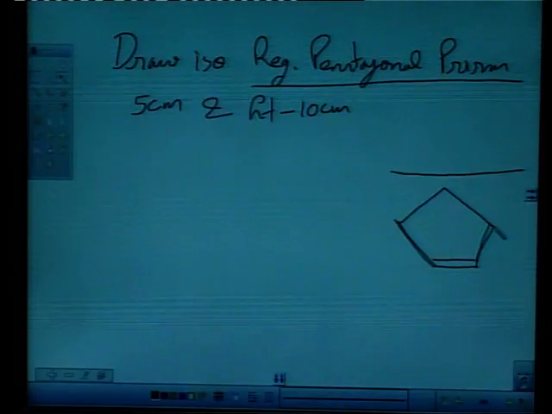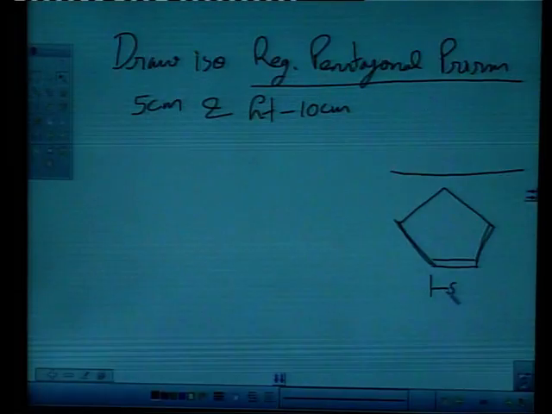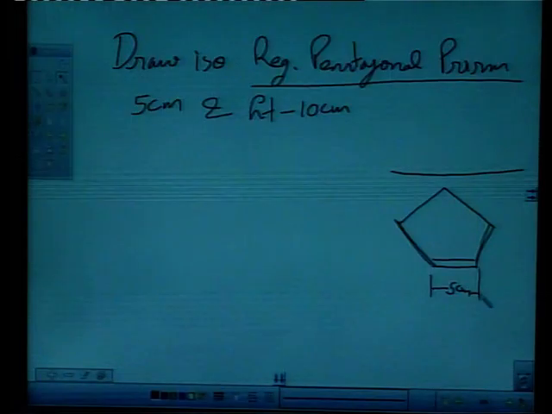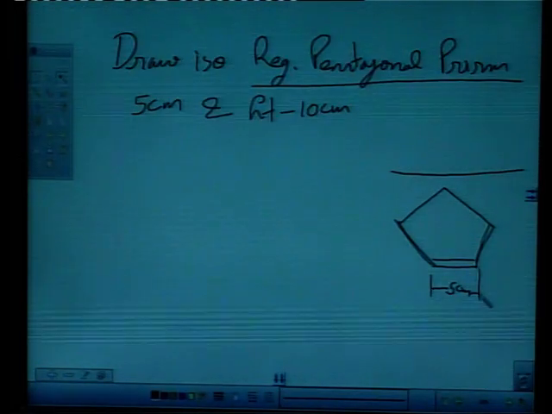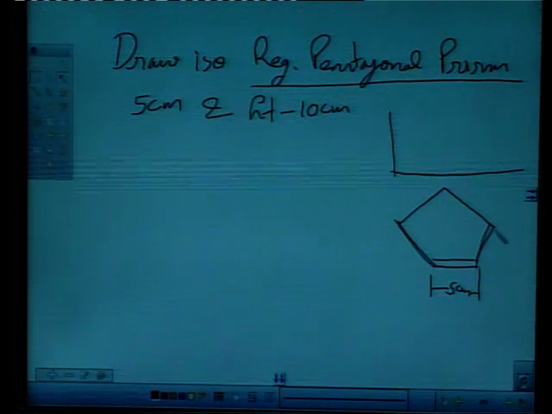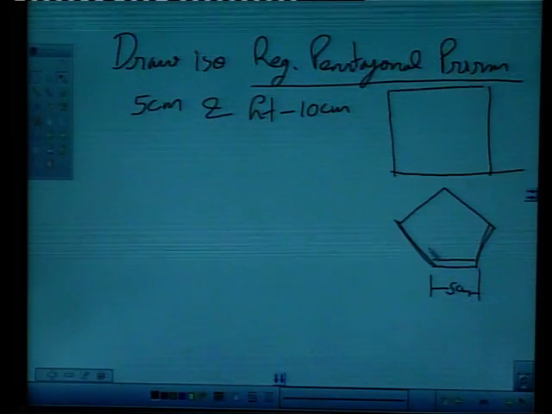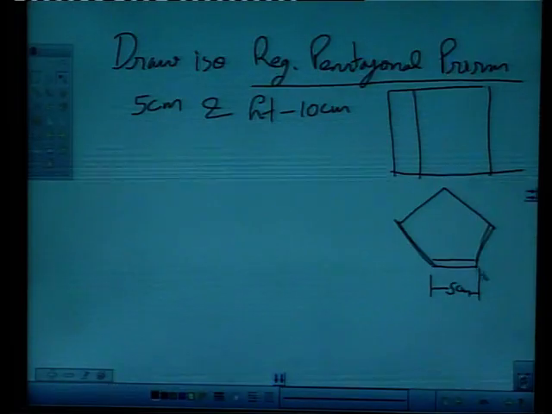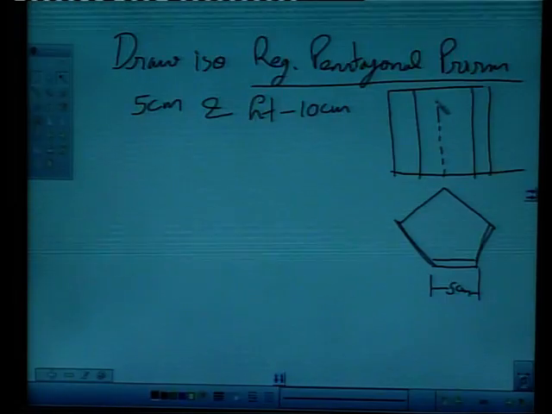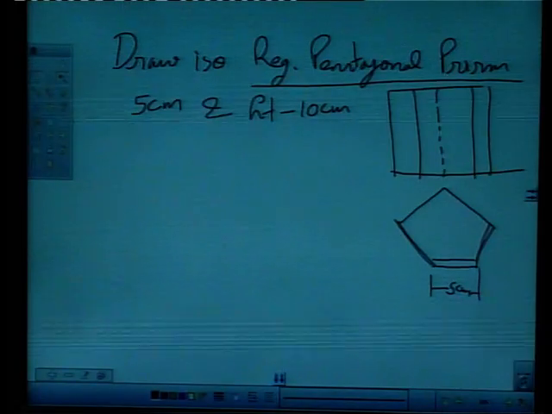So, this is our regular pentagon with each side having dimension of 5 centimeter, right? Draw its elevation also. This point will be dotted. I assume all of you know how to draw orthographic of this regular pentagon.